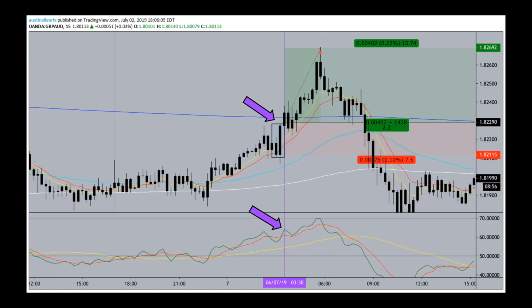Now, more often than not, this will not happen. But it's important for me to show you that even here, with two huge factors on your checklist not working in your favor, this still ends up putting money in your pocket if you traded this formation. But more often than not, trading with this many parameters not fitting your exact trading plan, not fitting the exact system, this trade doesn't work out in your favor.